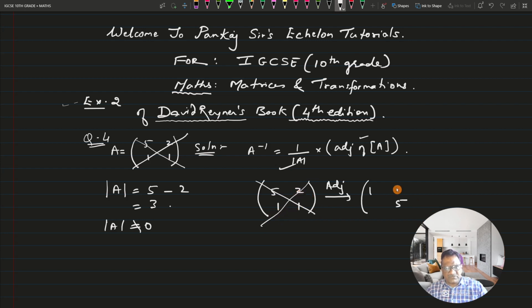So plus 2 becomes minus 2, and 1 becomes minus 1. This is the adjoint of matrix A. This is a shortcut method which I discussed in the previous video.